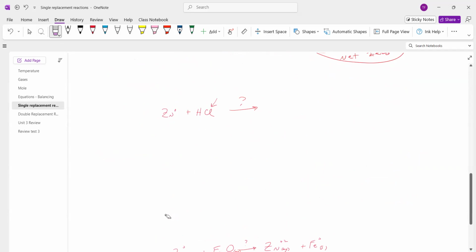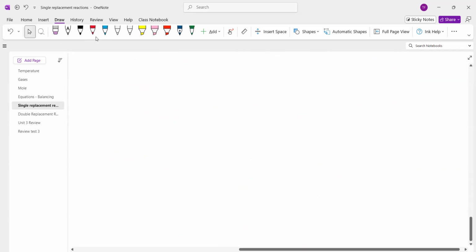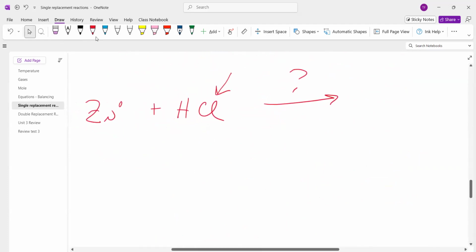Okay, so what if we mix zinc metal and hydrochloric acid? Now, in the acid base unit or subunit, remember that one lecture a little while ago, I talked about what is an acid, what is a base, and there's strong acids, weak acids, and no acids.